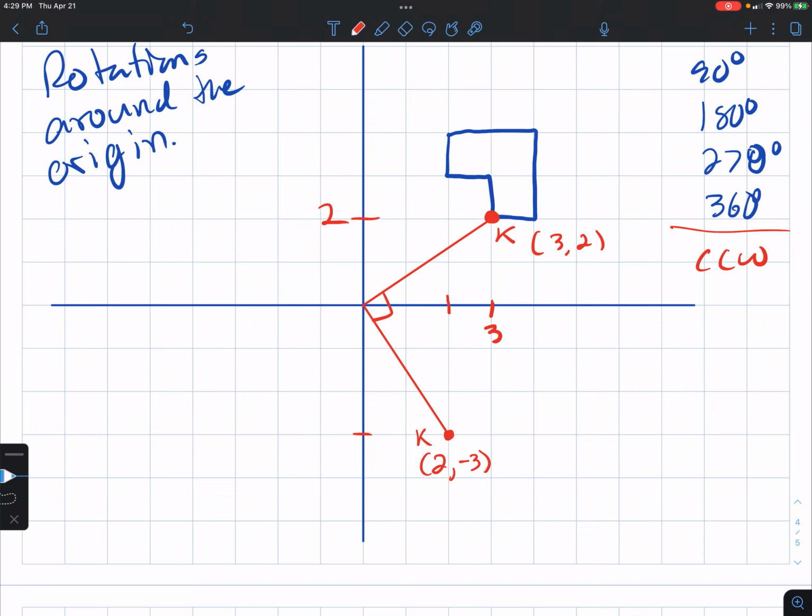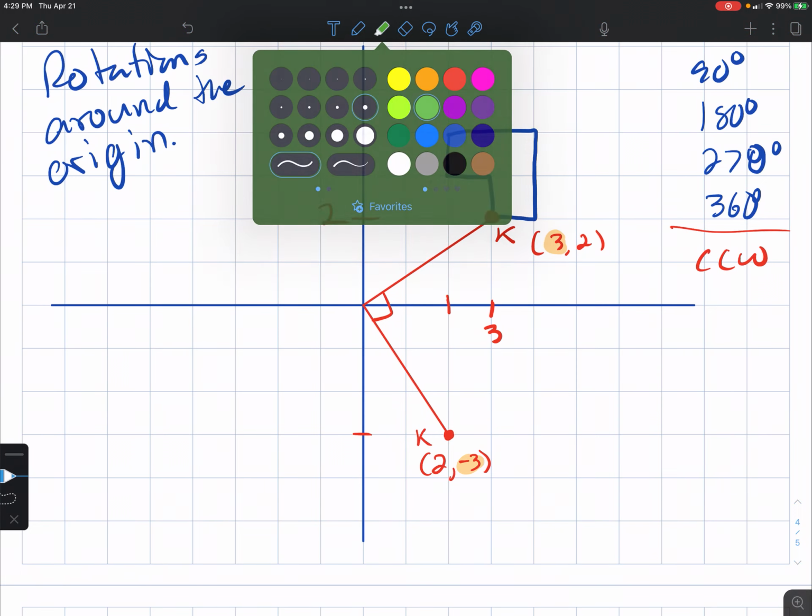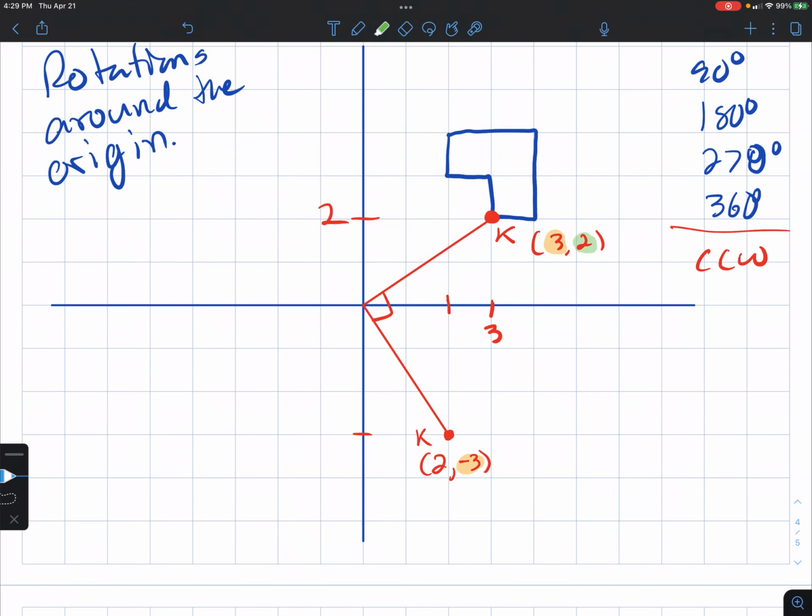So that 90-degree turn is going to be 2, -3. I switch them and I change the sign on the Y. Y'all see that? Okay. 3 is here, now it's -3. 2 was here in the Y spot, now it's in the X spot, but it's still positive.